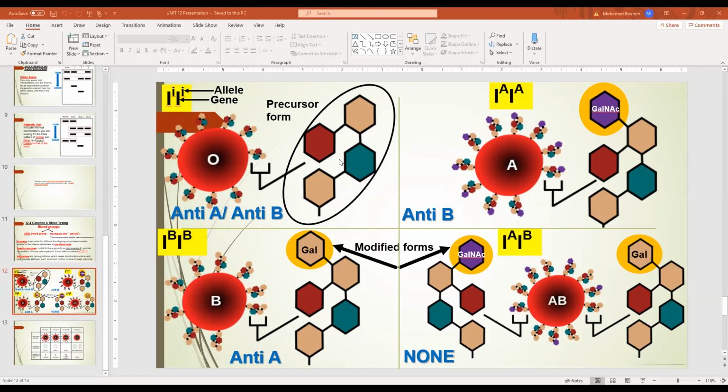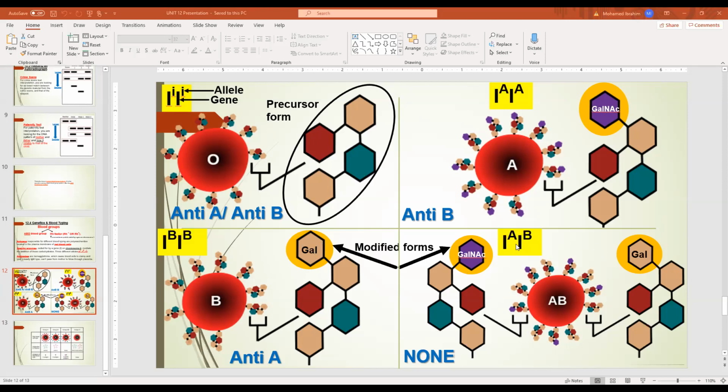So what is the difference? If you go to blood type A, you have an extra sugar, N-acetyl galactosamine. If you have this extra sugar, you are A. If you have a different sugar, which is galactose only, not N-acetyl galactosamine, you are B. If you have both sugars, now you are AB.